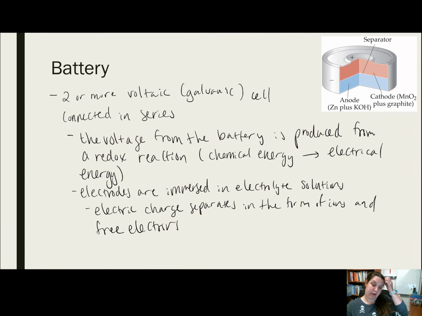Batteries can be either primary, which are non-rechargeable, or secondary, which are rechargeable.